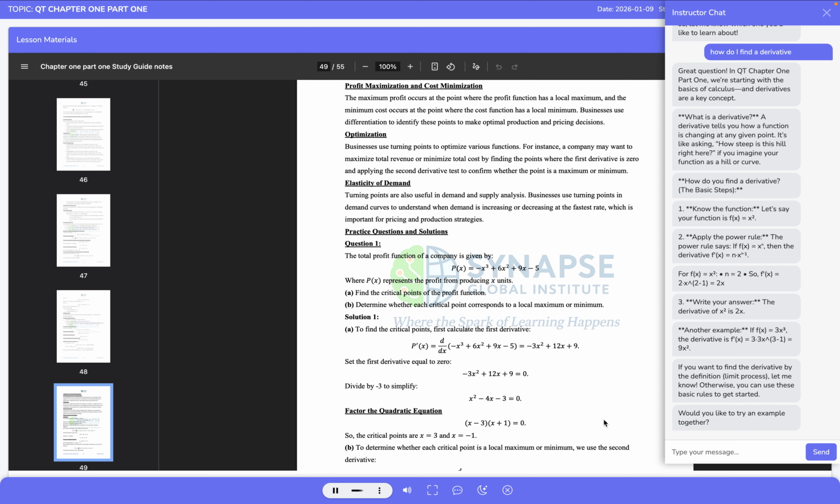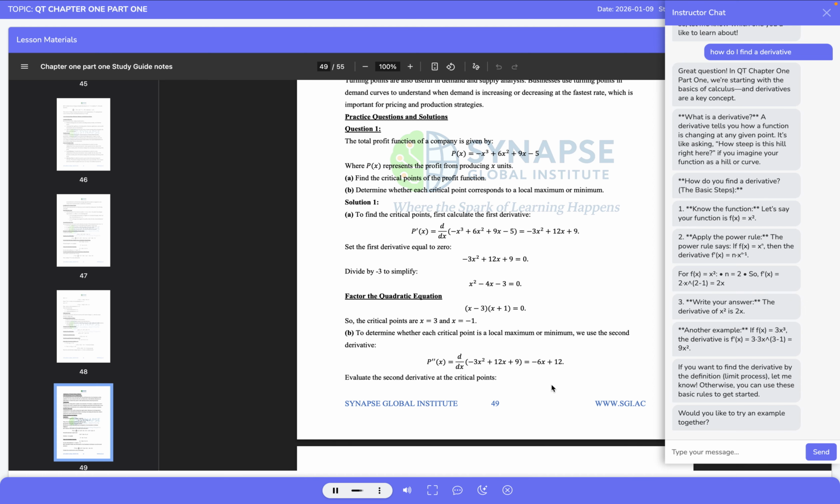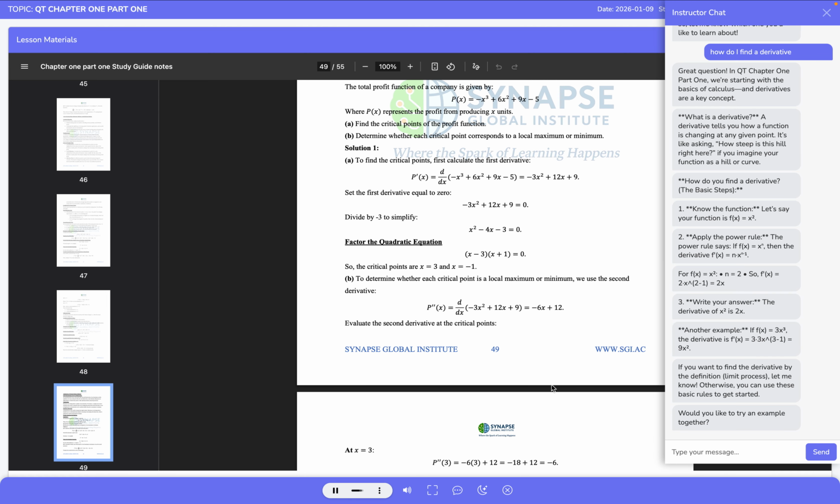Setting this equal to 0 gives negative 3x squared plus 12x plus 9 equals 0. Dividing by negative 3 simplifies this to x squared minus 4x minus 3 equals 0. Factoring gives x minus 3 multiplied by x plus 1 equals 0. So the critical points are x equals 3 and x equals negative 1.